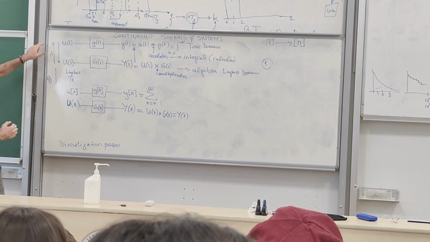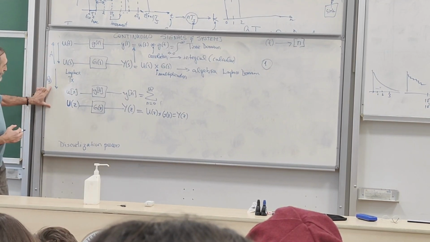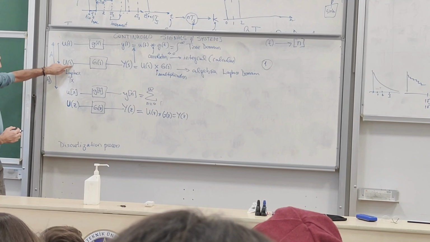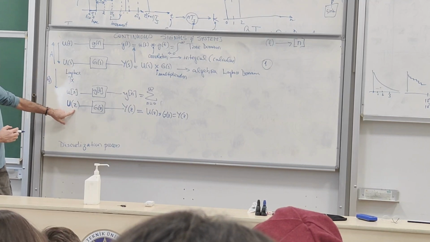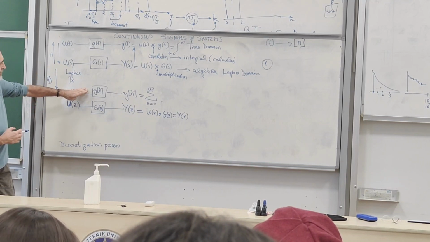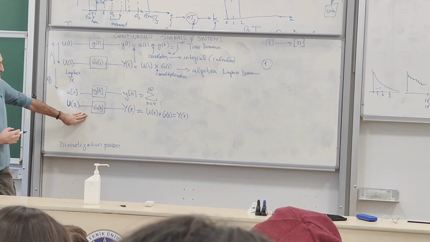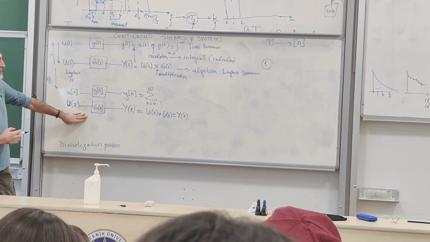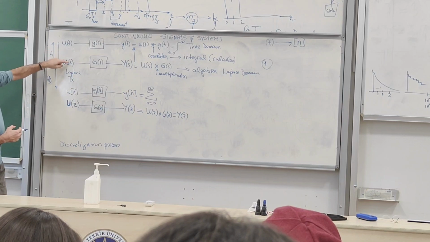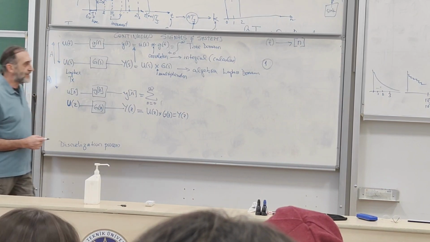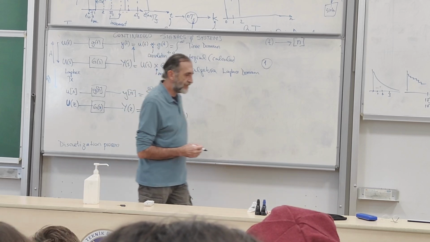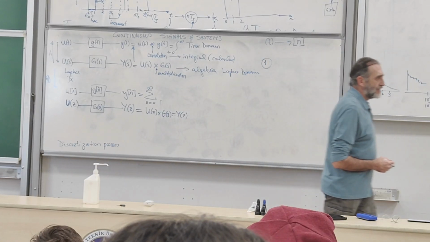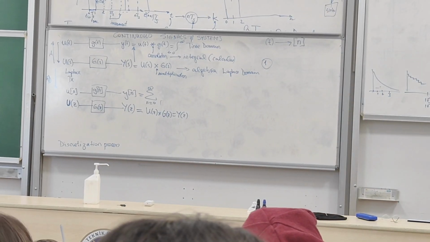So from analog to digital, we switch from s to z. z is a discrete variable, and s is a continuous variable.